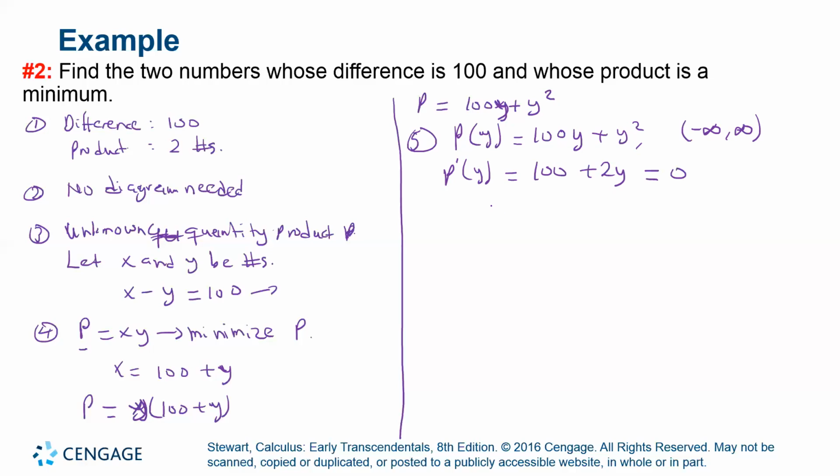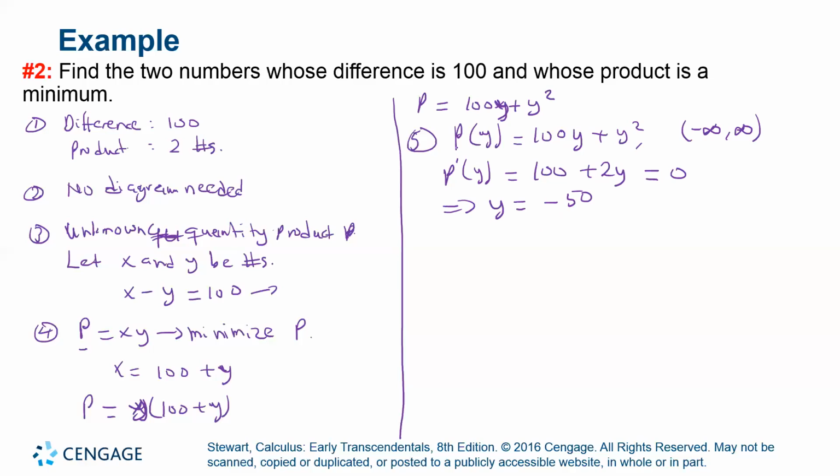That gives us Y equal to negative 50. All right. So if Y is equal to negative 50, what does it guarantee? That this is the minimum?